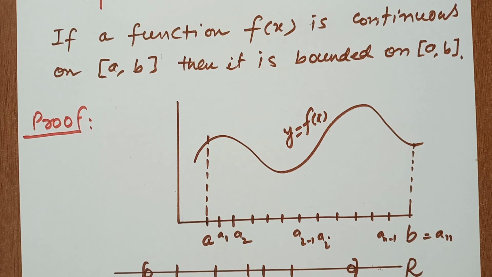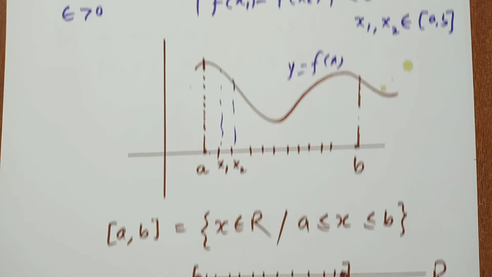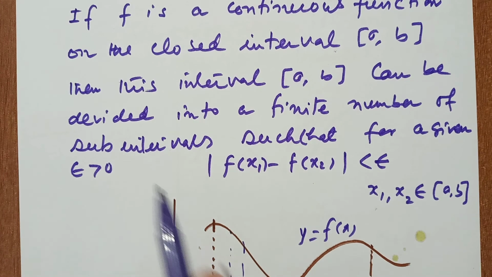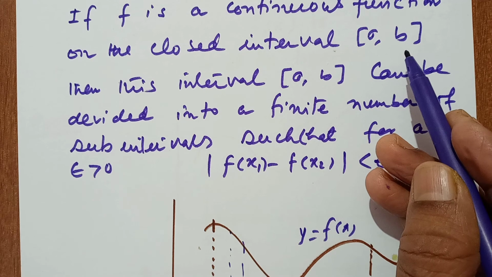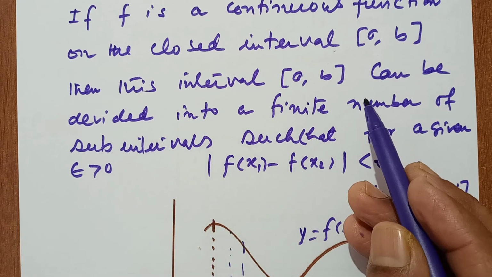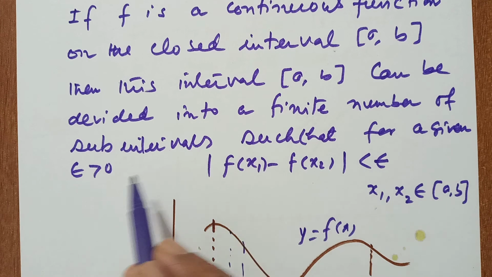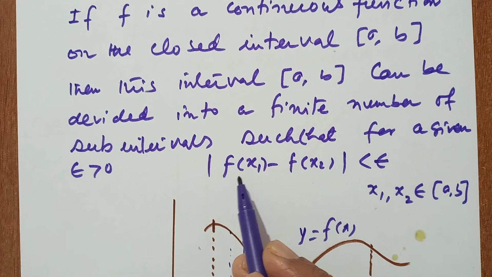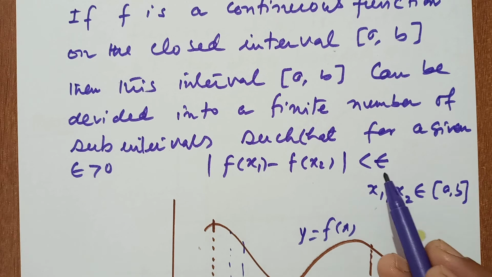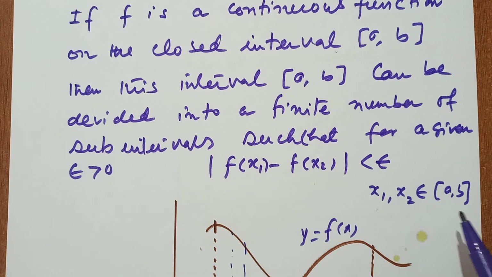As we know, by the Borel theorem, if a function is continuous on a closed interval [a, b], then this interval can be divided into a finite number of subintervals such that |f(x1) - f(x2)| < epsilon, for x1, x2 belonging to the subinterval.